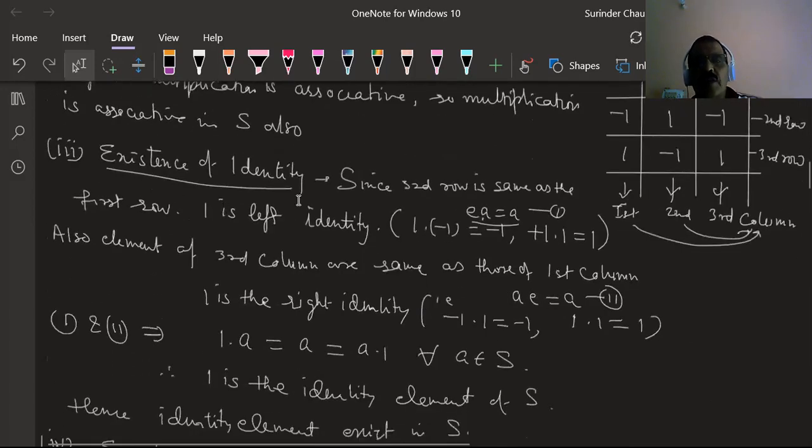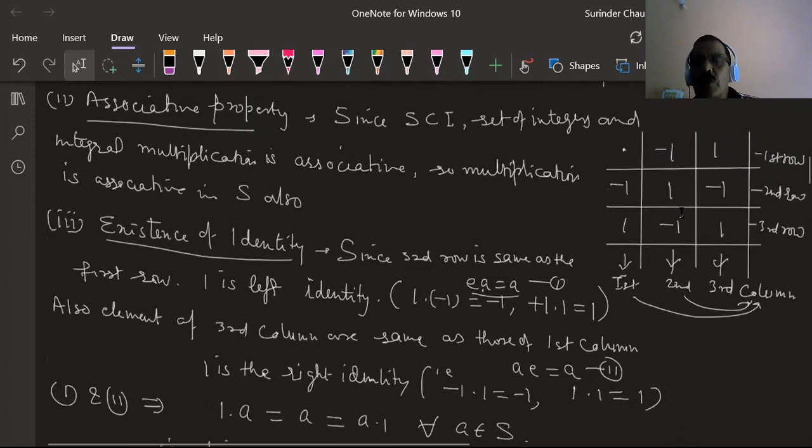Now, the existence of identity. In the composition table, the elements of the third row are the same as the first row.